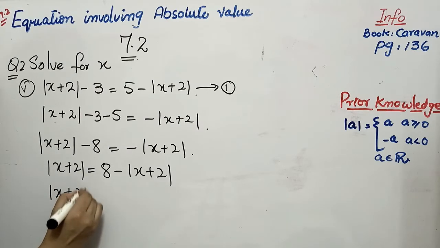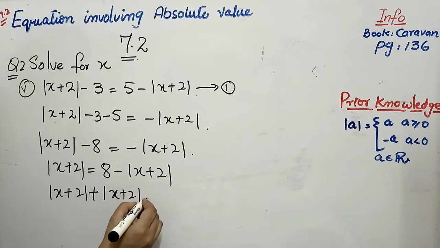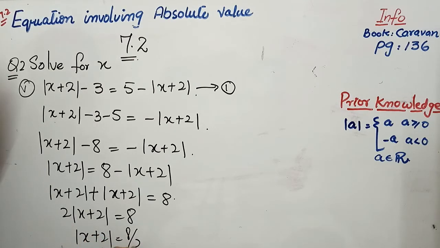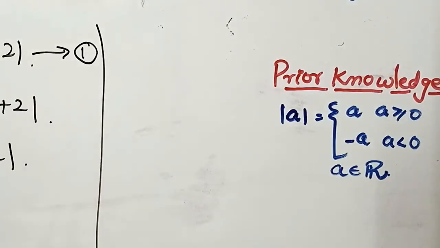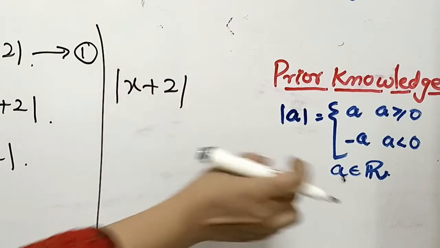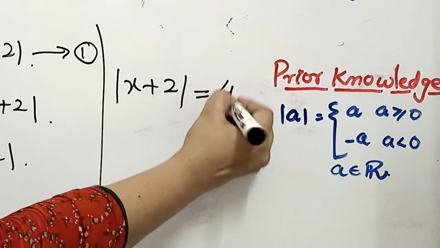It will be mod of x plus 2 plus mod of x plus 2 is equal to 8. 2 into mod of x plus 2 is equal to 8. If I divide 8 by 2, mod of x plus 2 is equal to 4.